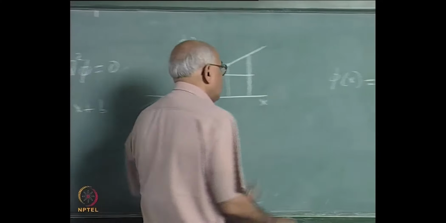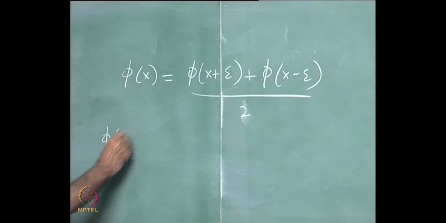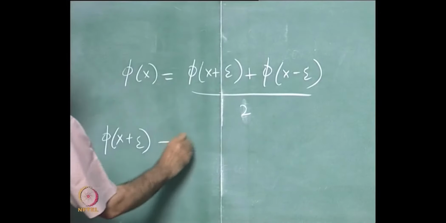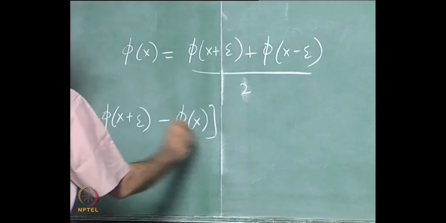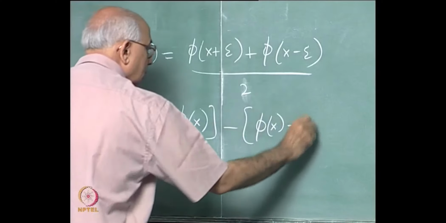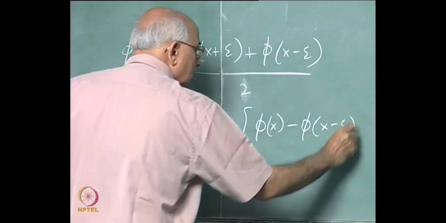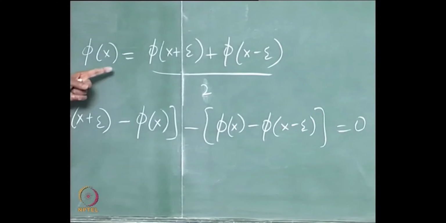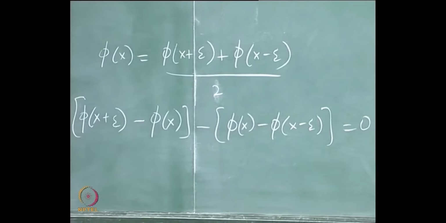In fact, you could go back from this and write this as phi of x plus epsilon minus twice phi of x, and let me write that as phi of x minus phi of x minus epsilon equal to 0. That is just this equation rewritten. Now what is this?